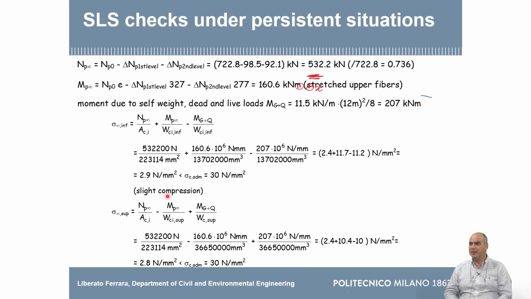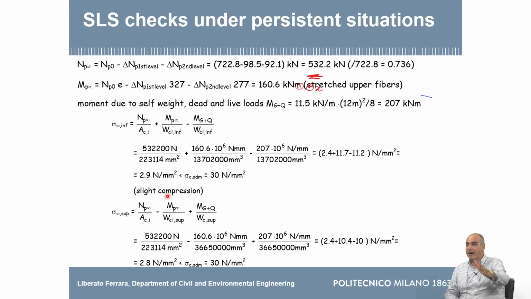You see, we calculated a stress which was about 3 megapascal as compared to 30. So here at serviceability limit state, it seems that we have a lot of margin. When we go to ultimate limit state, we just have 10%. What has changed? The way in which the cross section is working.